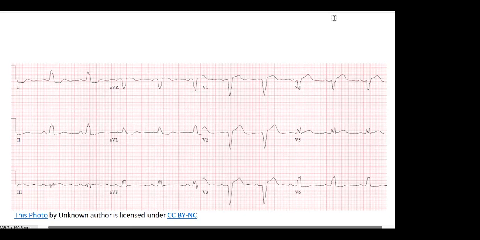Right. And what can you say about lead 1 and lead 2? What would you say about the first lead?